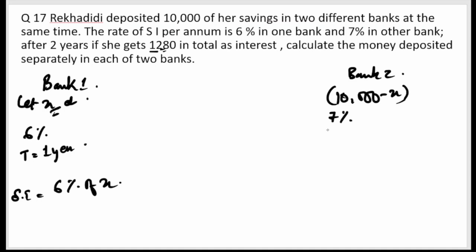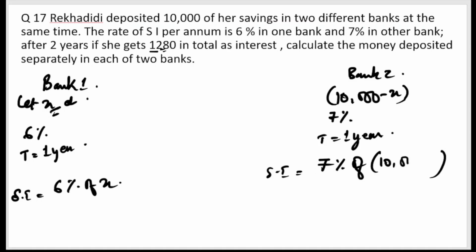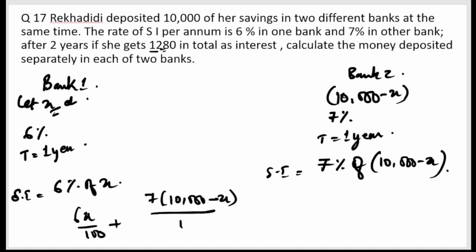Rate of interest is 7%. Time is 1 year. So the simple interest in this case will be 7% of the money deposited in the bank 2. That is 10,000 minus X. Now if I add this, it will become 6x over 100 plus 7 into 10,000 minus x over 100.